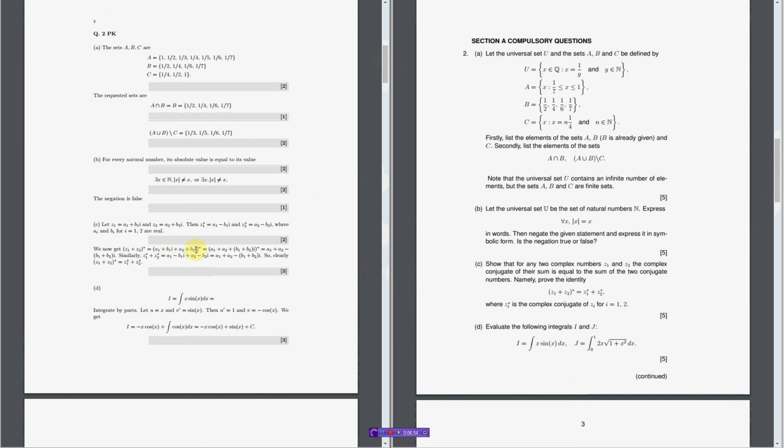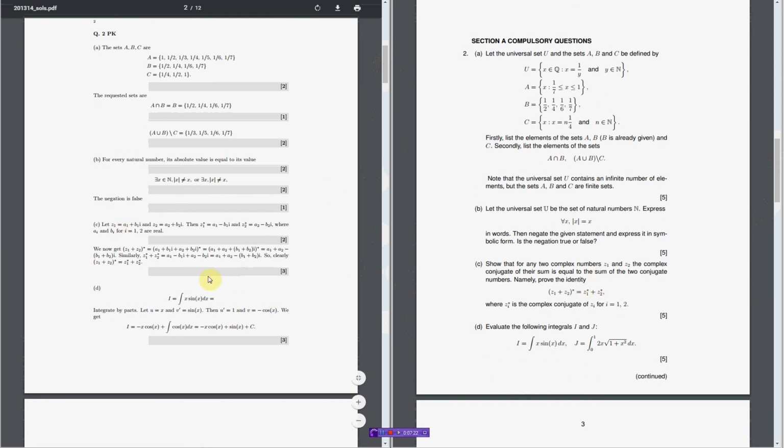We introduce the elements of z1 and z2 and add them together in such a way that we can see clearly the real part, a1 plus a2, plus i times the imaginary part, b1 plus b2. Now we're in a position to apply the conjugate operation, which gives us a1 plus a2 minus b1 plus b2 times i.